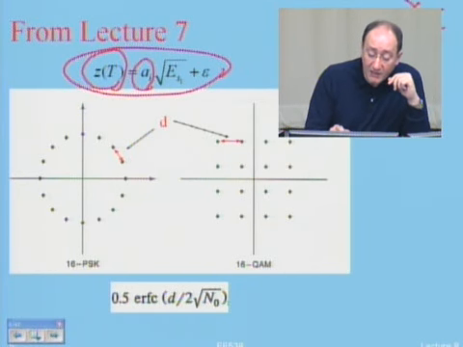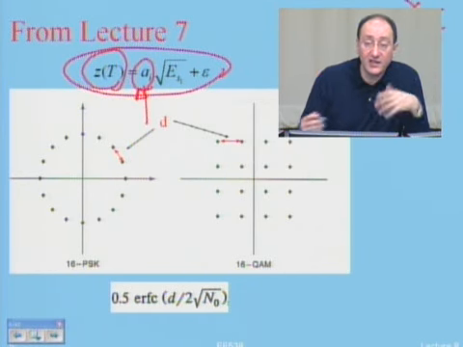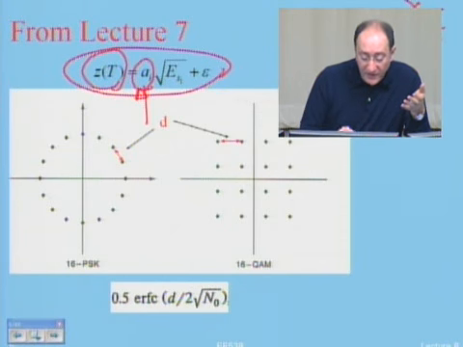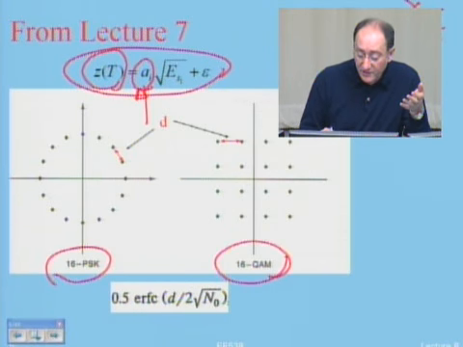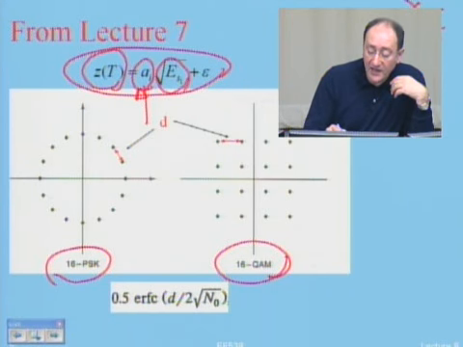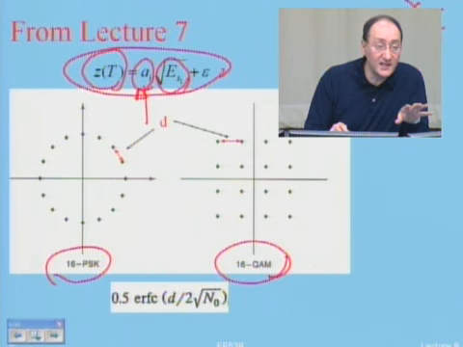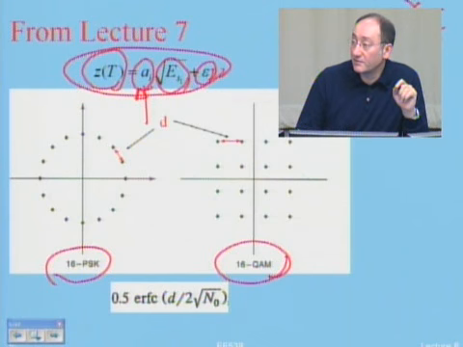And then it can be a complex number if it is multi-phase, or if it is QAM. And then Es was the energy per symbol, per basic symbol. Eta was the additive noise.